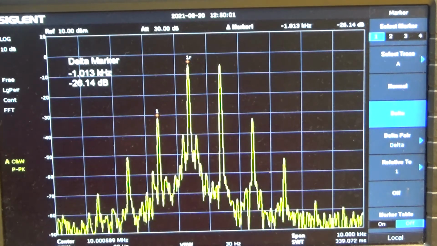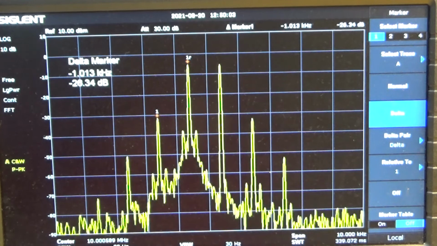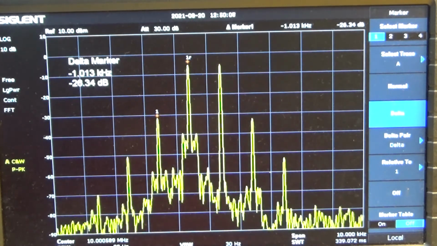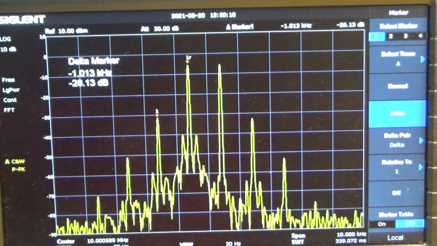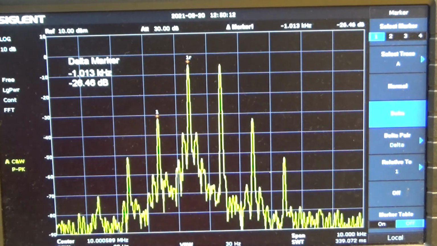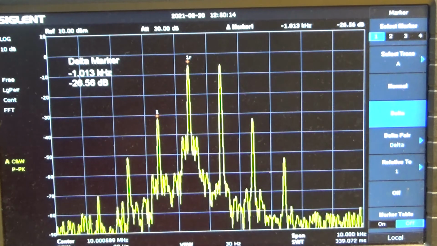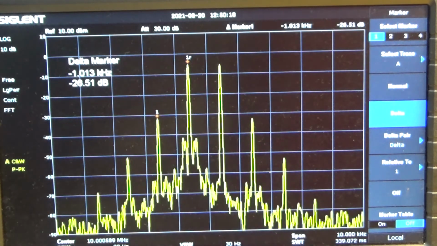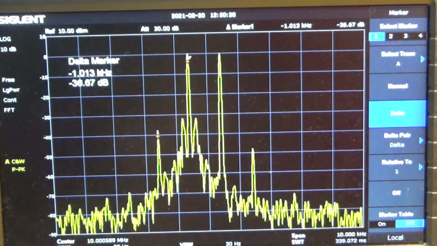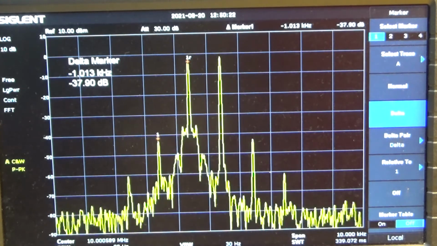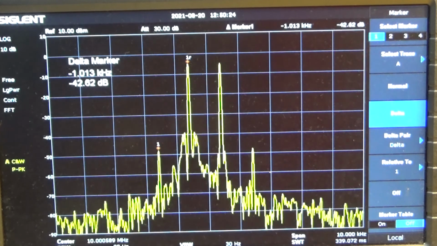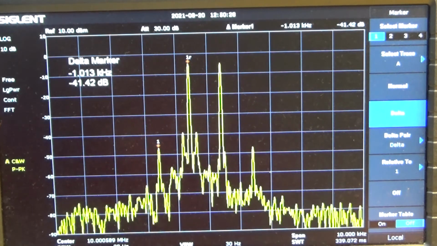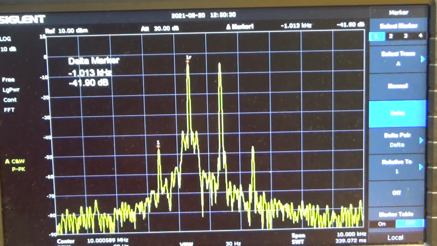But it's interesting even so to see how the difference in the biasing and how hard you turn those transistors on affects the distortion products they generate. I'll go back to 150. And then we're back down to minus 43 dBs down.